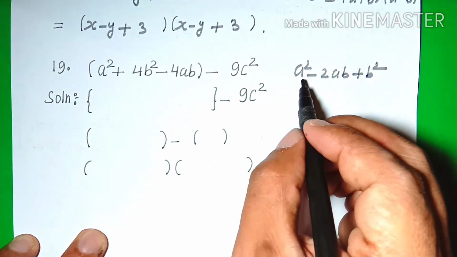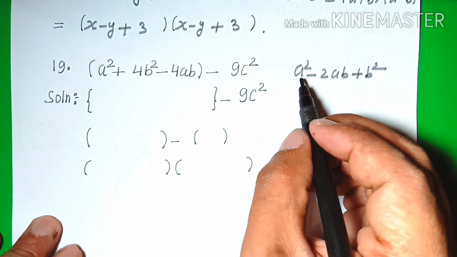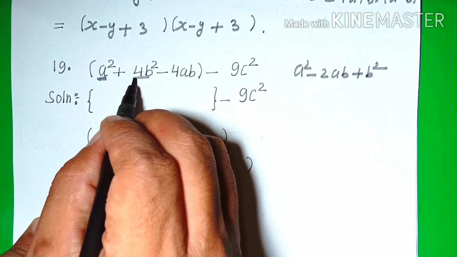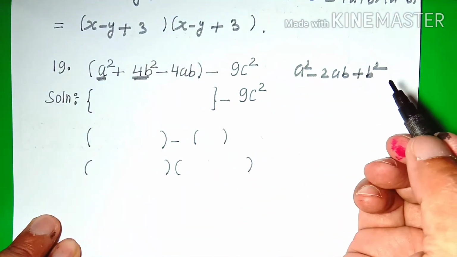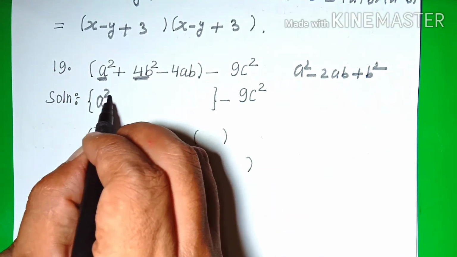First you have to check which terms are perfect squares. Here we can see clearly these are the two squares, so one will be a, the other will be b. So this can be taken as a square.